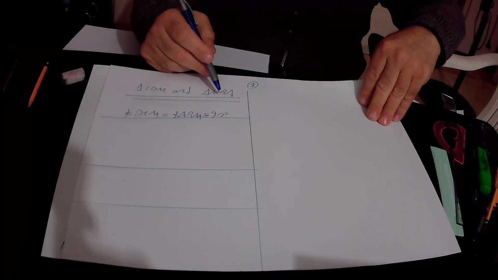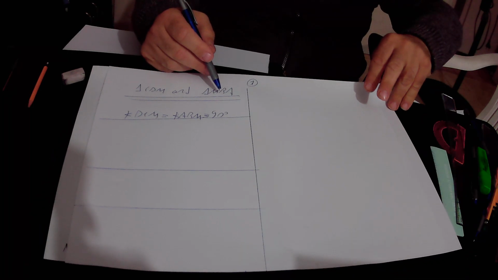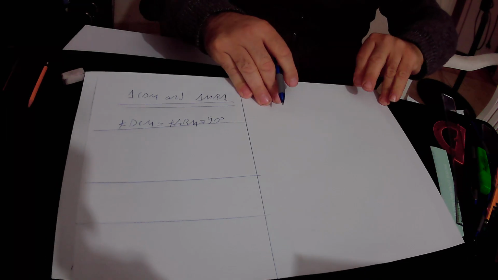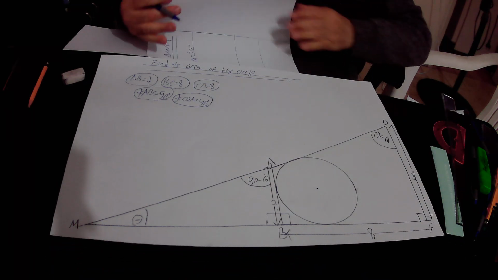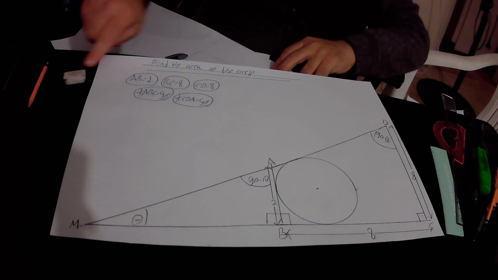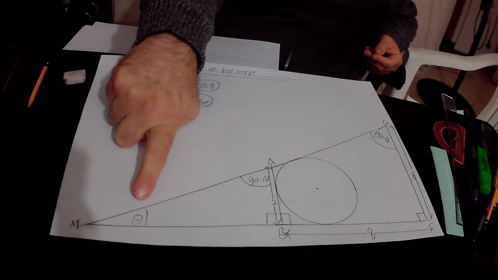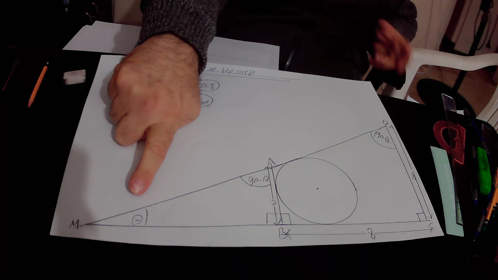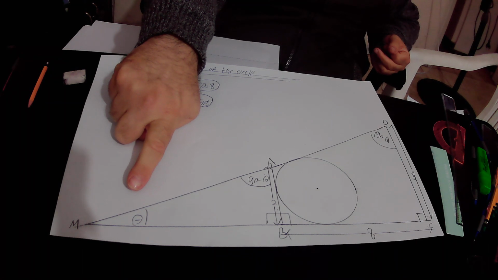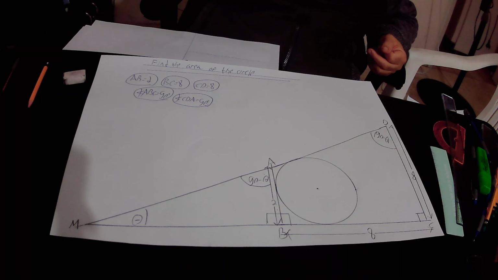In addition, this is angle theta, that is a common angle, it belongs to both triangles, so you can write down that angle theta equals itself as a common angle that belongs to both triangles.